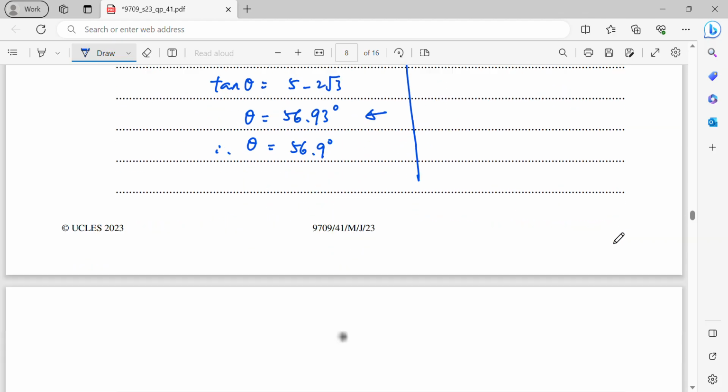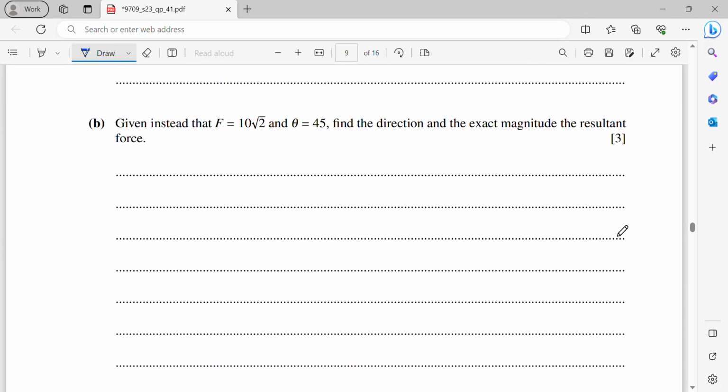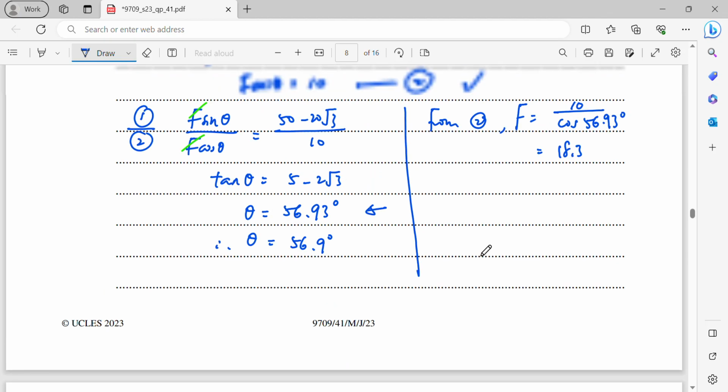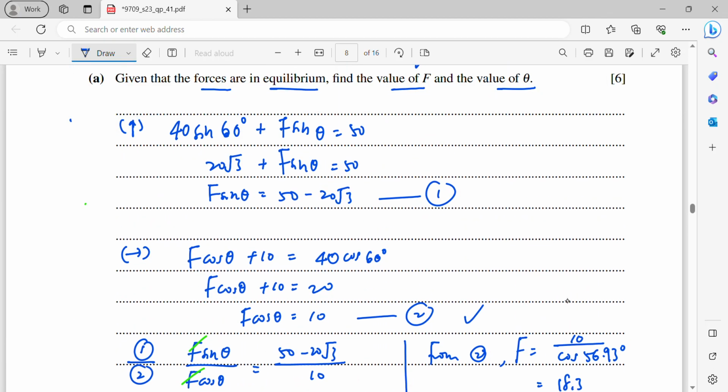Right? So now for part B, given instead that F is 10 square root 2 and theta is 45, find the direction and exact magnitude of the resultant force. Okay, so now I will use back the same expressions, which means I will use the vertical force and the horizontal force.